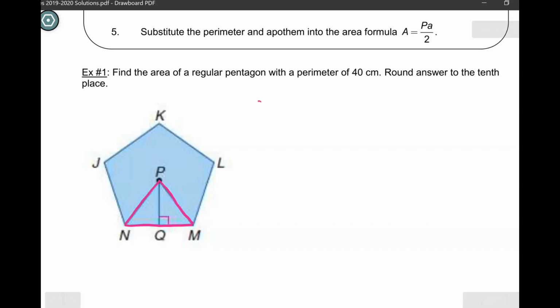Also in that first step, we want to find the central angle. In this case, we have a pentagon, so we take 360 and divide by 5, which we did on the previous page, and we get 72. So this angle is 72 degrees.